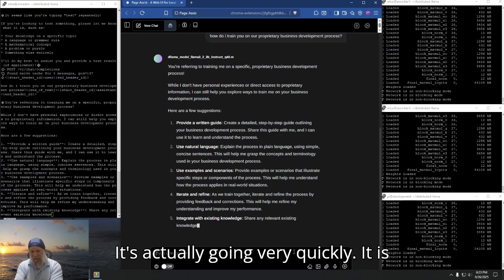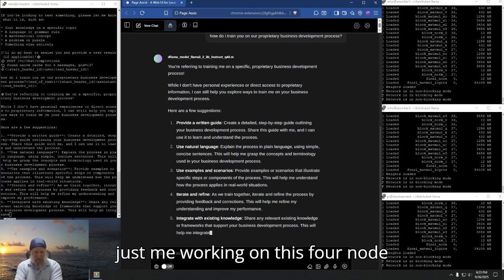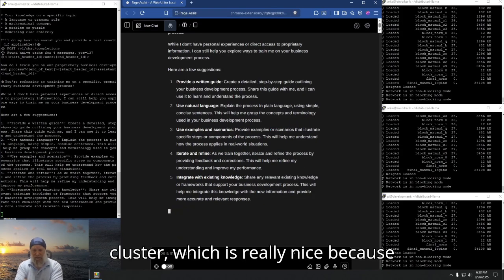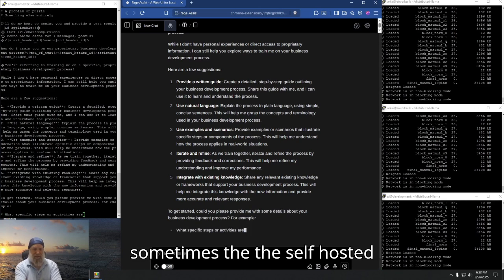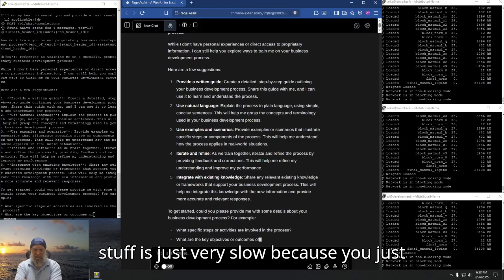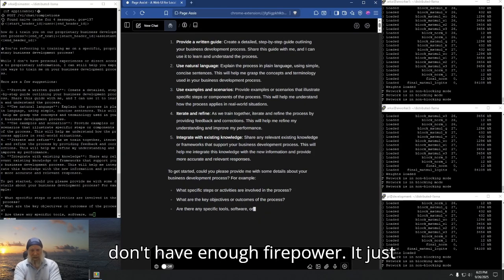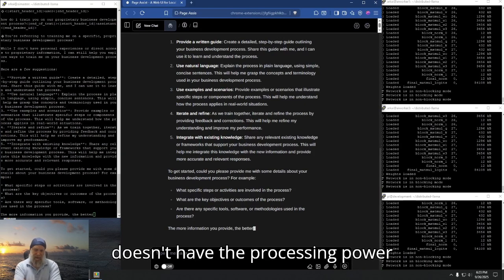It's actually going very quickly. It is just me working on this 4 node cluster, which is really nice because sometimes the self-hosted stuff is just very slow because you just don't have enough firepower. It just doesn't have the processing power.